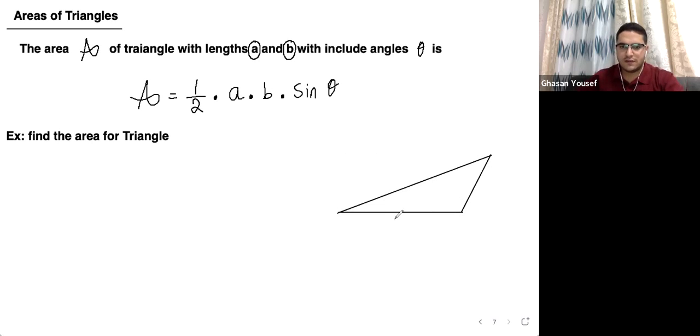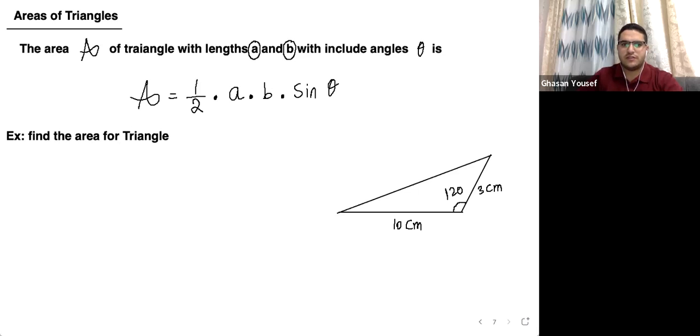This side is 10 centimeters, and this side is 3 centimeters, and the angle here is 120. The question is to find the area of this triangle.